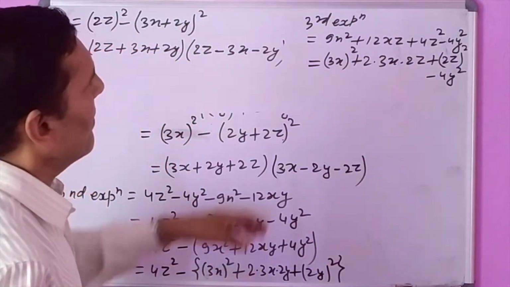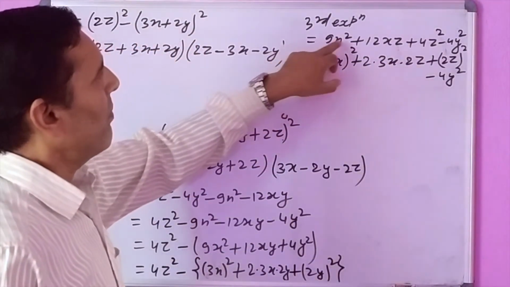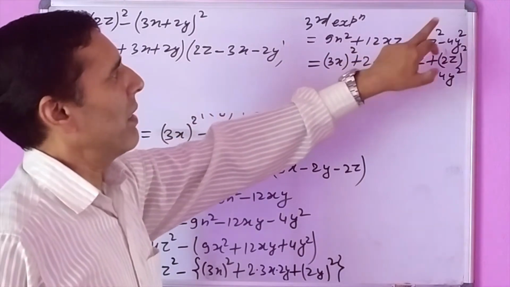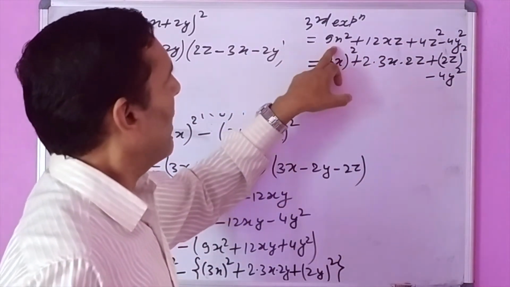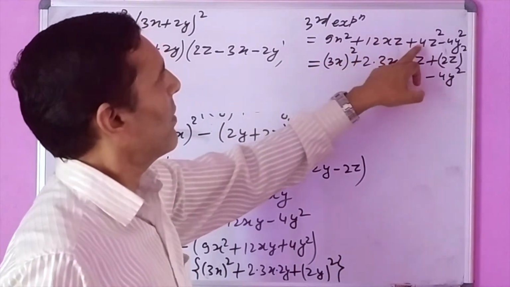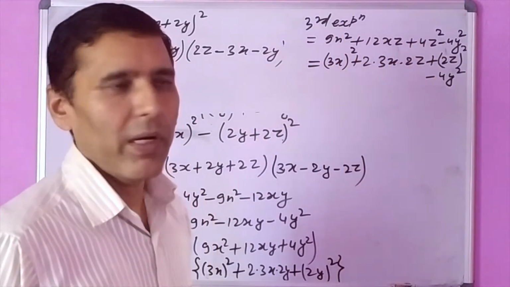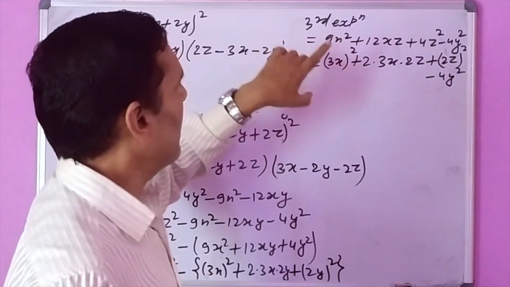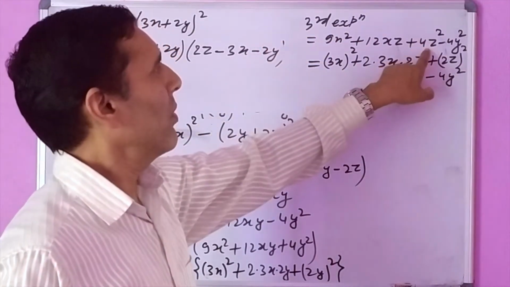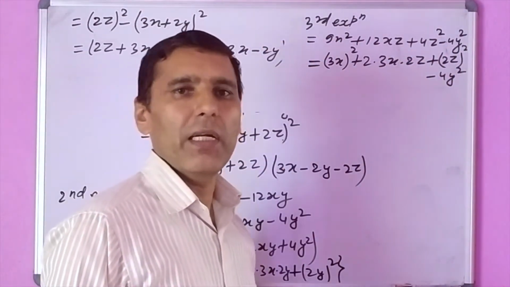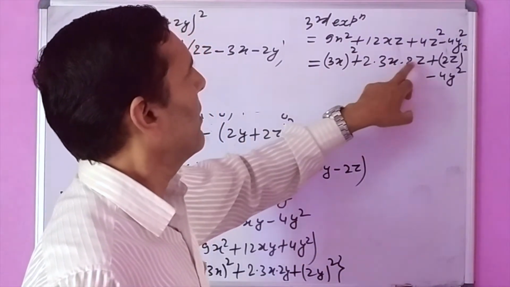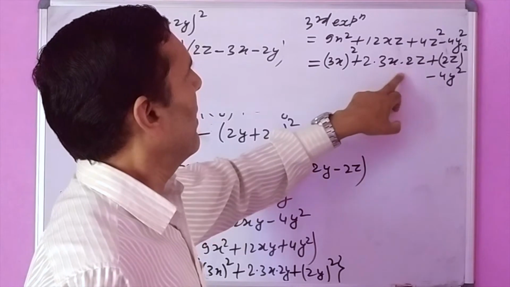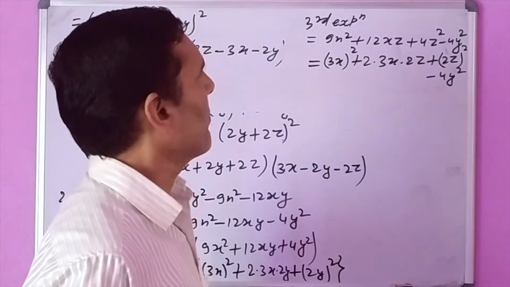So in this expression 9x square plus 12xz plus 4z square minus 4y square, the first three terms 9x square plus 12xz plus 4z square are completing the square, because 9x square is square of 3x, and this 4z square is square of 2z. In the middle 2ab, 2 into 3x into 2z. If you multiply, it gives 12xz.